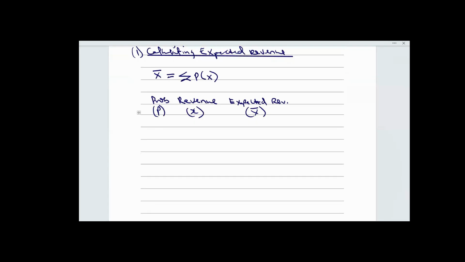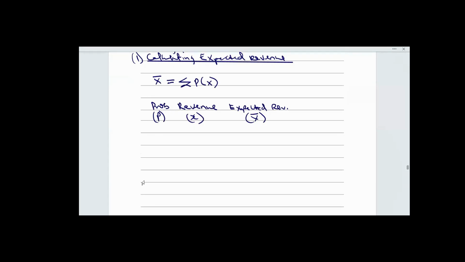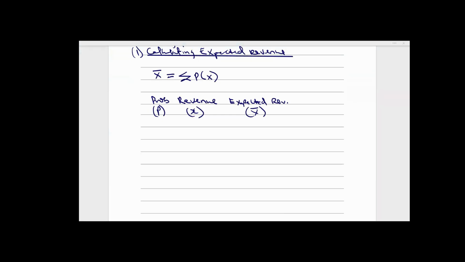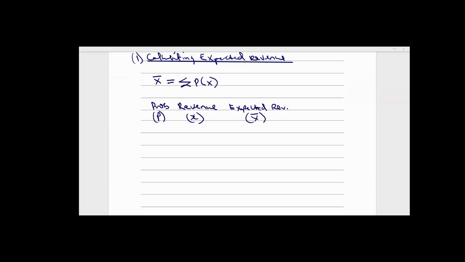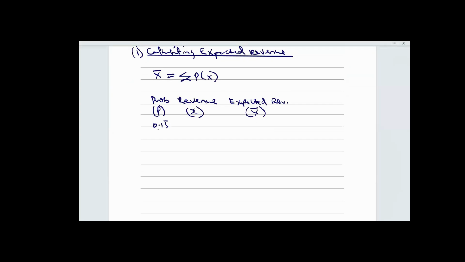So I will then go back to the question, what is the probability of revenue? We have 0.15, 0.40, 0.30, 0.15. So at all times, your probability must be equal to 1. Here is 1.